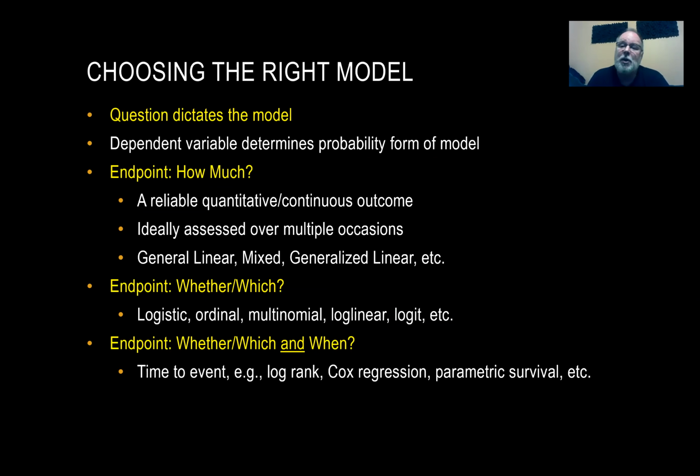If the endpoint is a whether or which, we use logistic models, or ordinal models if it's a true ordinal variable. And if it's whether, which, and when, we have time to event models. So these are all things that we've learned in grad school. Next slide.